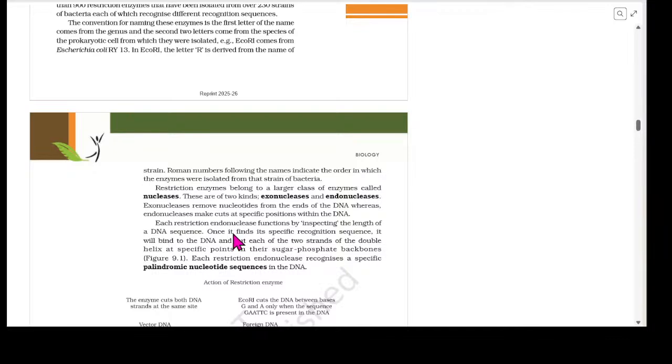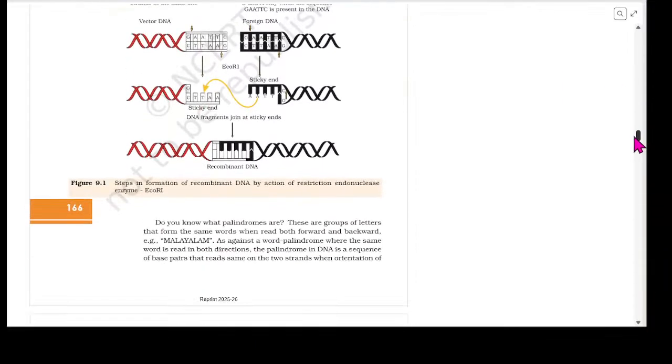Once it finds its specific recognition sequence, it will bind to the DNA and cut each of the two strands of the double helix at specific points in their sugar phosphate backbones. Each restriction endonuclease recognizes a specific palindromic nucleotide sequence in the DNA.